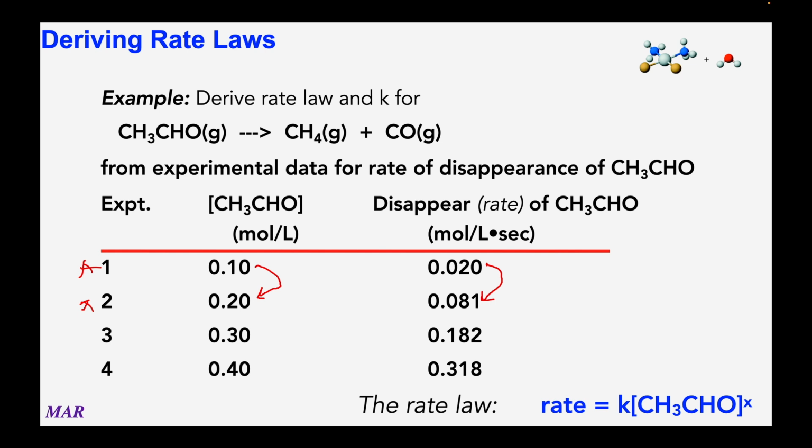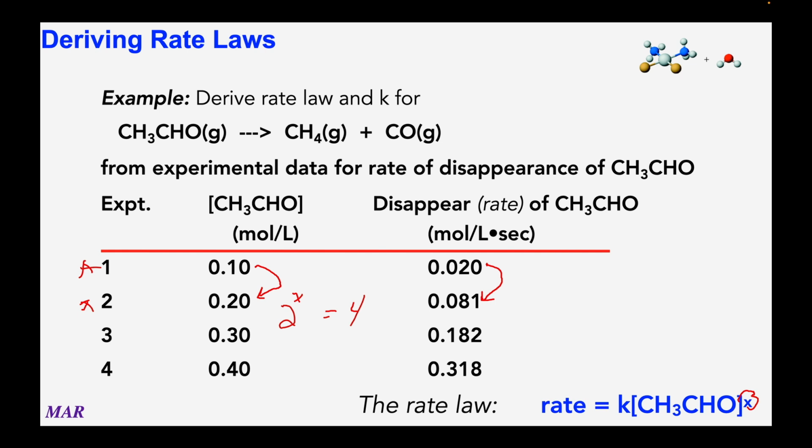The doubtful digit, the uncertainty, is going to happen. So for ethanal, if you want to figure that little order x, it's like doubling it, which is 0.2 divided by 0.1, doubling it to the x power, which we're trying to figure out, resulted in a change in the rates of about 4. 0.081 divided by 0.020 is about 4.